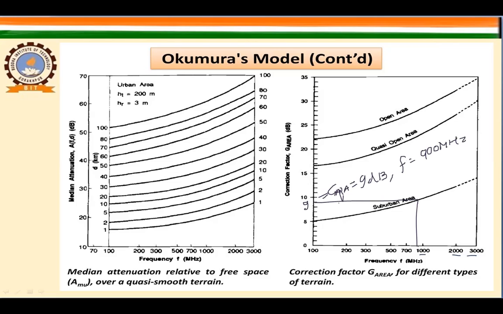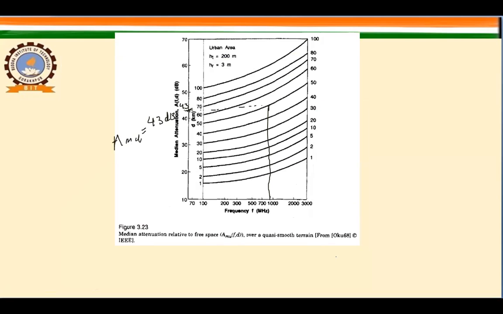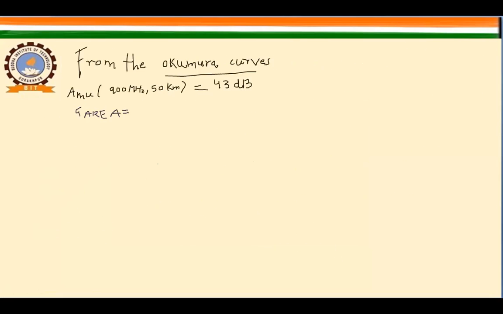So from the graph we have calculated the value of G area from the y-axis. We first draw the perpendicular on the suburban area curve, and from here drop another perpendicular on the scale of G area in dB. It cuts at 9, so value is 9 dB.